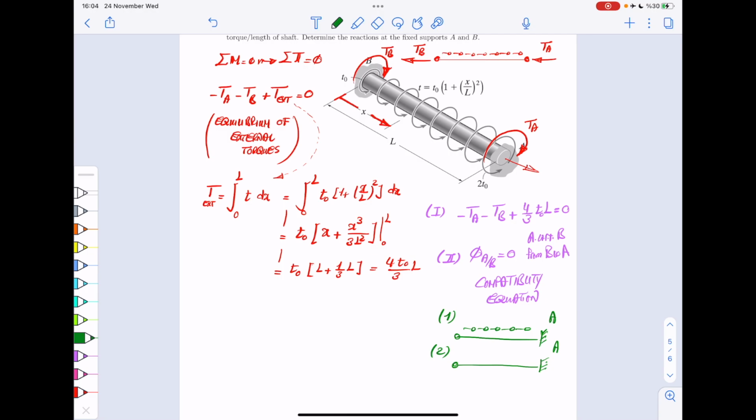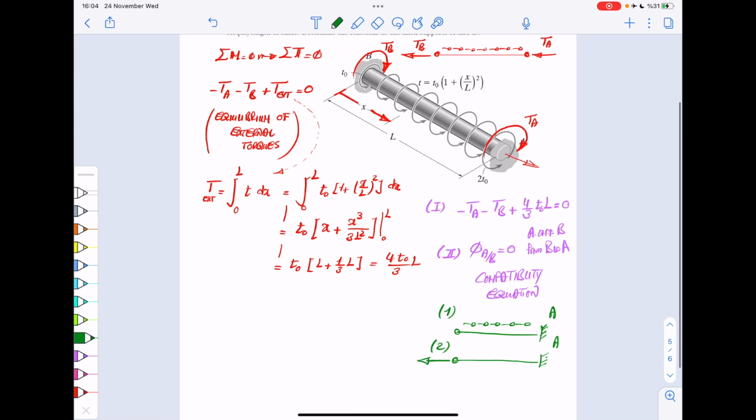Also, the way we drew TB, you would expect that TB to be here, okay?